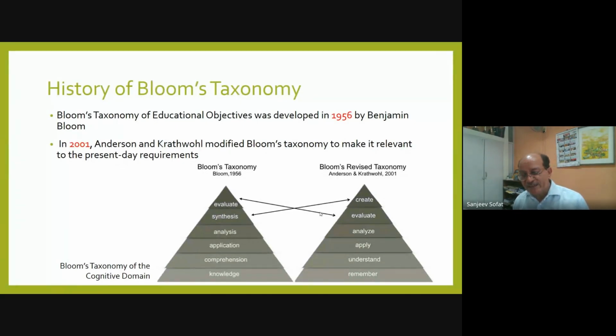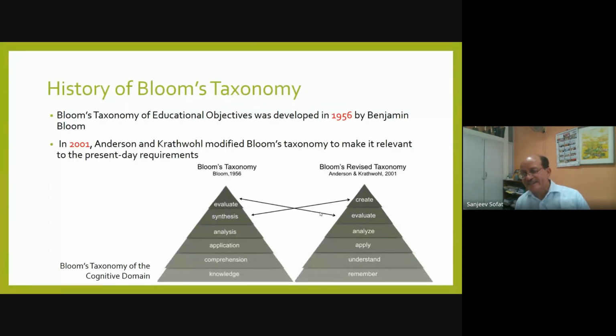So why did they say knowledge and remember? Because at that time there was not a vast knowledge. Maybe you used to have one textbook, everyone followed the textbook, you got the knowledge and remembered everything.